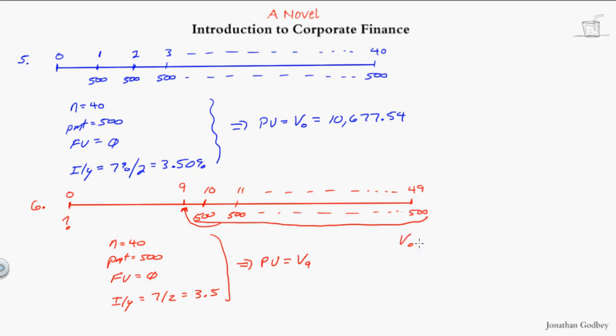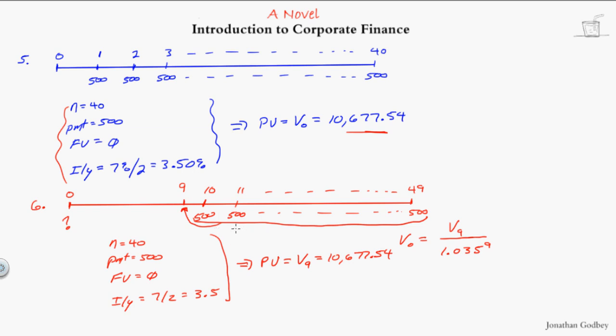The value today is equal to the value in period 9 divided by 1 plus the interest rate, which is 3.5%, because this is 9 half years, not 9 years, to the 9th. So this should be 10,677.54, just like we had right here, because we put in the same information.